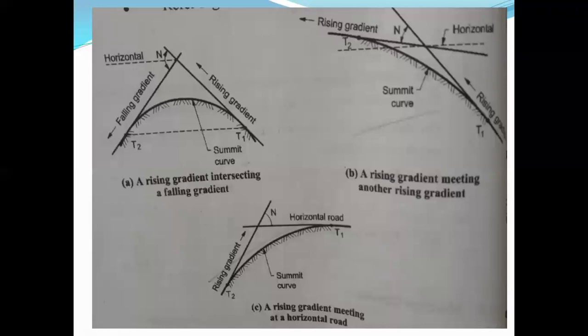Now see, there are three cases of summit curve. The first case, case A, is a rising gradient intersecting the falling gradient. See the cursor.